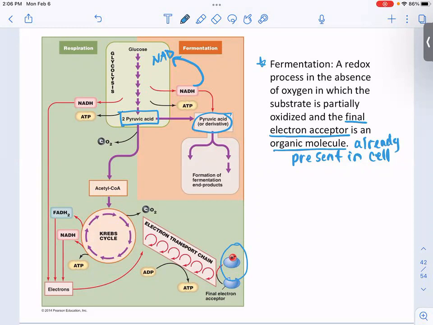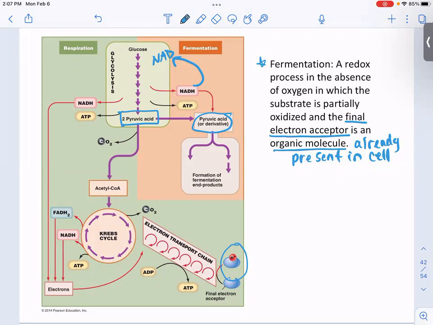And that's really important because if those NADHs coming off of glycolysis have nowhere to dump off their electrons, then eventually glycolysis will stop. Because if there's not that reduction from NAD to NADH, then that oxidation in the pathway can't happen. Remember, with every reduction, there has to be an oxidation. So if you don't have anywhere to dump off those electrons, even glycolysis will stop.